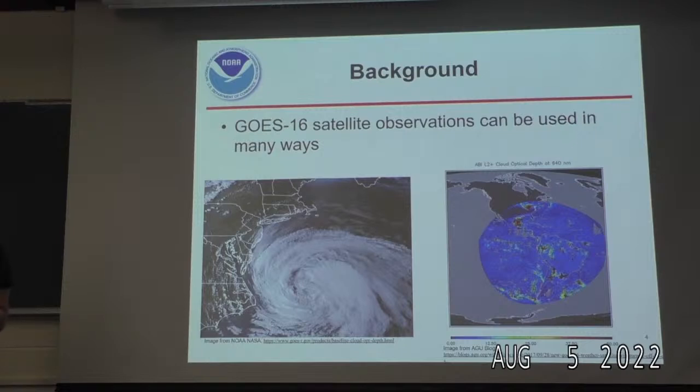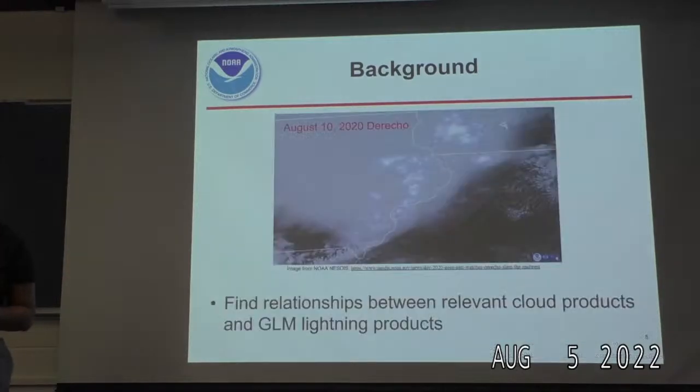There are channels that do infrared sensing, and when you combine visible image data with infrared data, you can derive different properties of the cloud, such as a cloud mask, which is whether there is a cloud or not in a given pixel, or something like the image on the right, the cloud optical depth, which is how deep the cloud is, and a bunch of other ones that you can use. Those are primarily what we will be working with, not the raw data, but some of the products.